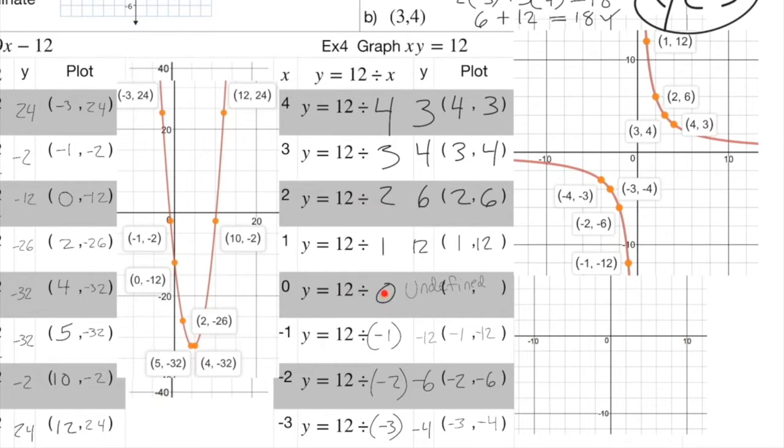What is 12 divided by 0? There is no answer. So what you can write is just undefined. And you can see here on the graph, there's a break in the graph. There's no value of y that can satisfy the 12 divided by 0 question. But the other points are here. We connect the dots, and we can label them too.